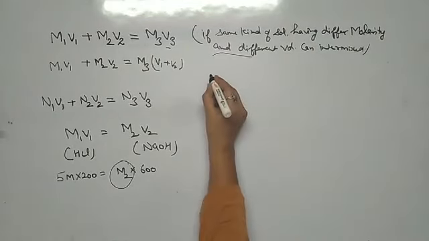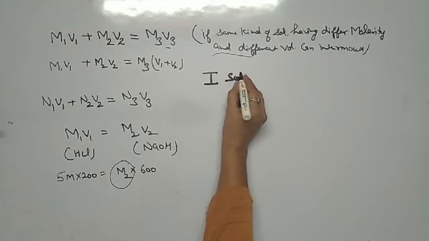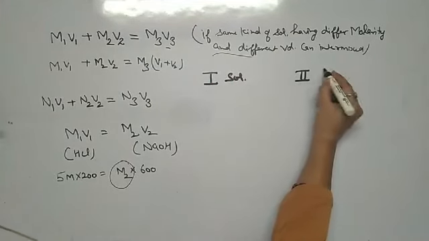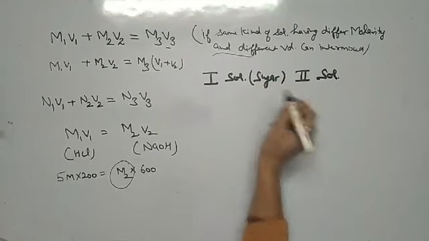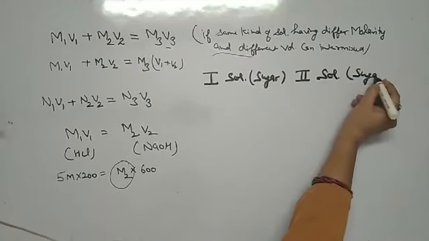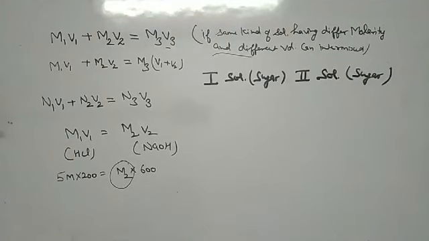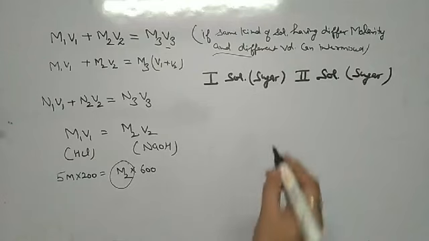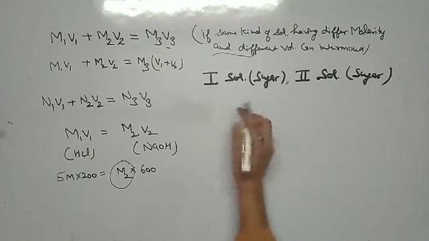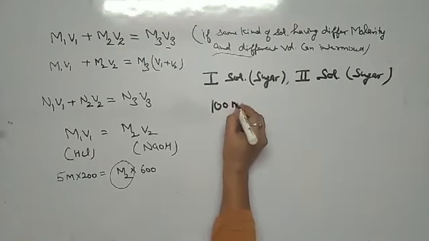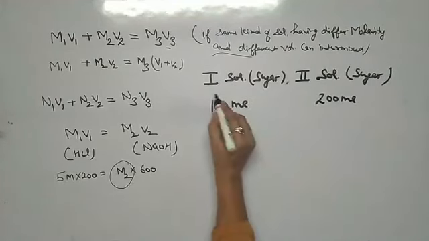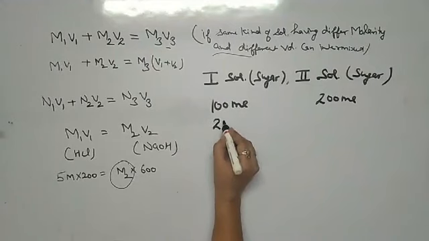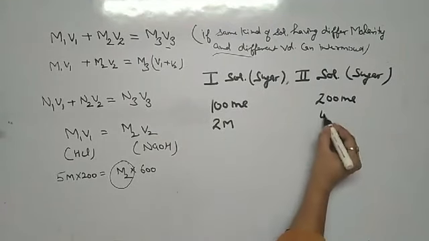Actually we have two solutions, the first solution and the second solution. Both solutions are made up of sugar. The amount of this solution is 100 ml and the amount of this solution is 200 ml. The molarity for this solution is 2 molar and for this one is 4 molar.